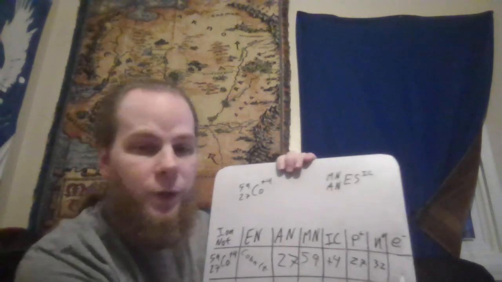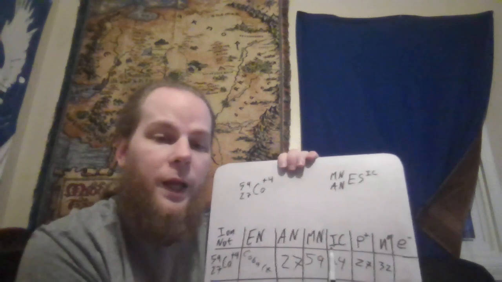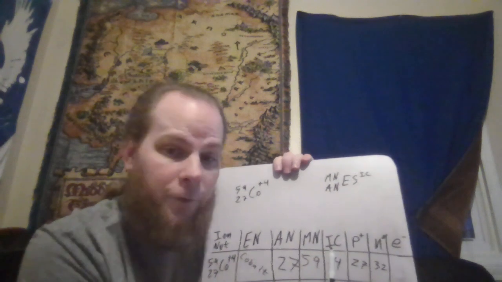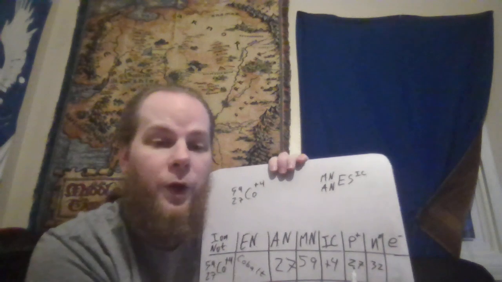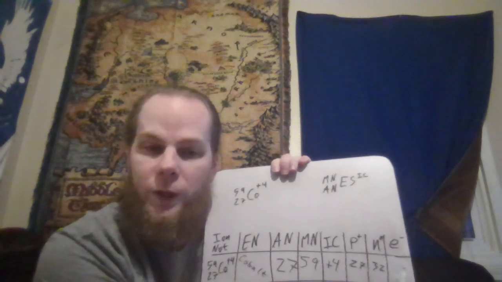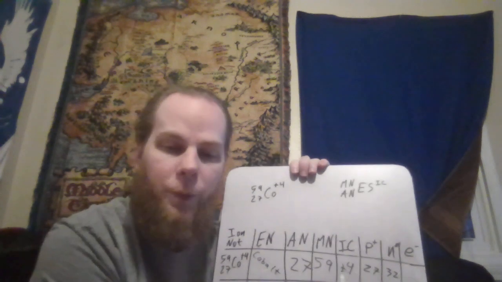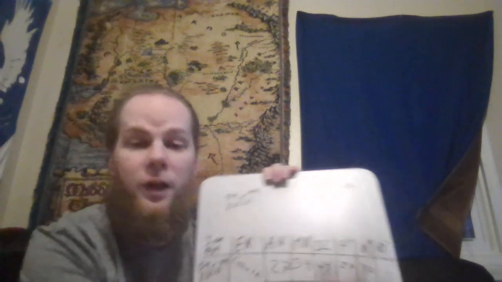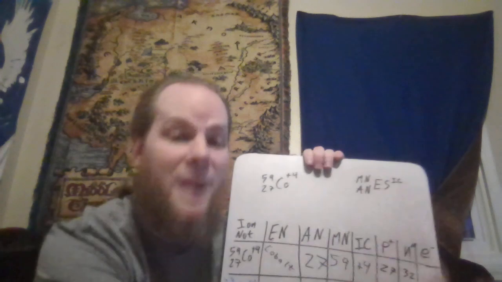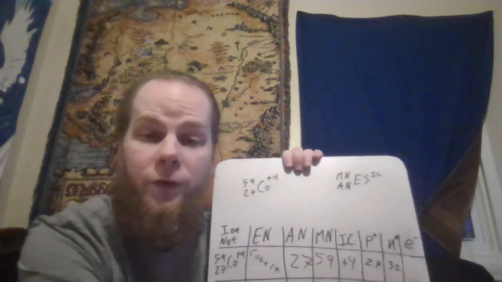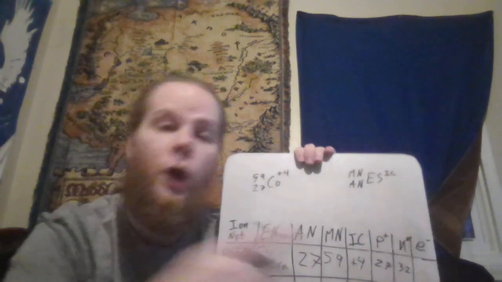To get the number of electrons, we can do the same thing with the ionic charge. The ionic charge is the difference, or subtraction, of protons and electrons. So the number of protons minus the number of electrons equals the ionic charge, and we can plug that into our equation and solve.